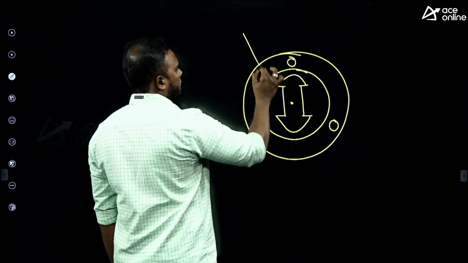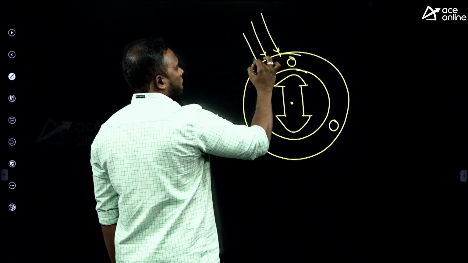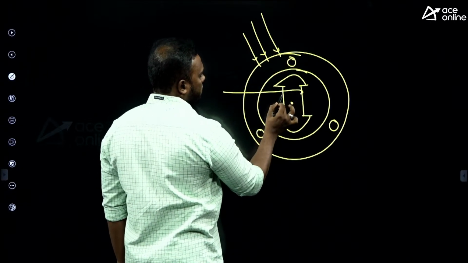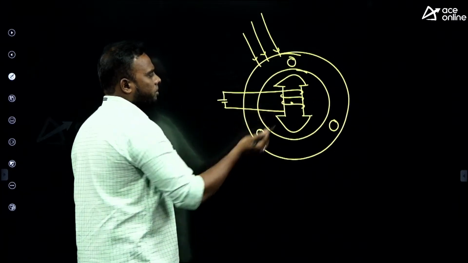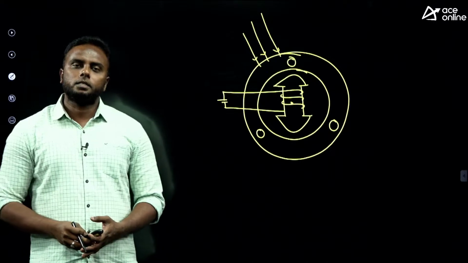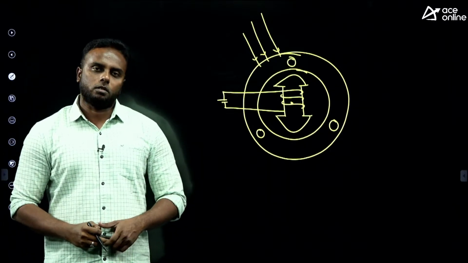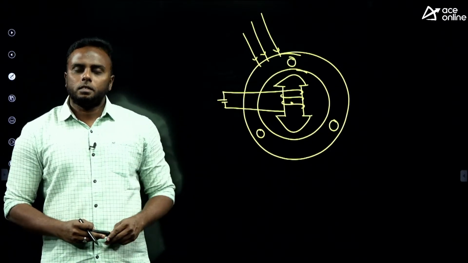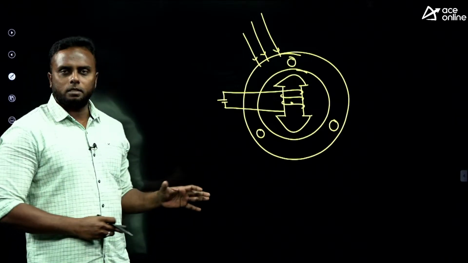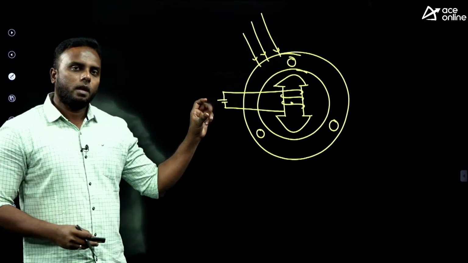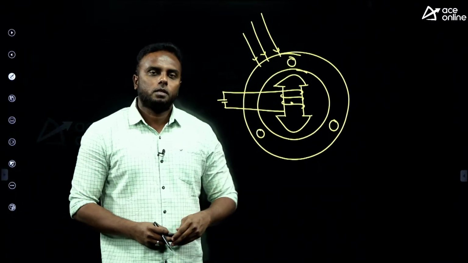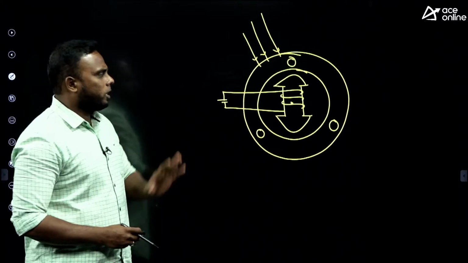The stator is given three-phase supply and the rotor has a DC supply, the field winding excited with DC. With some mechanism we start the motor, because a synchronous motor is not self-starting. So we mainly use damper winding starting or auxiliary motor starting. Now here anyhow the motor is rotating.